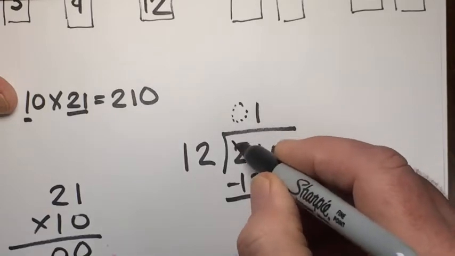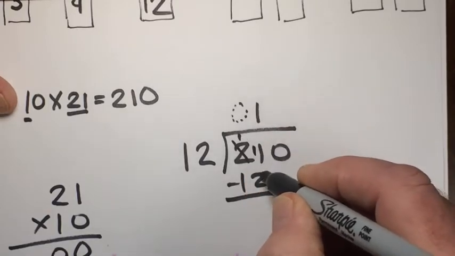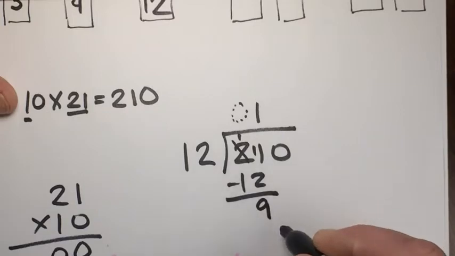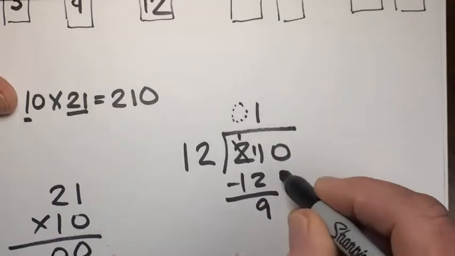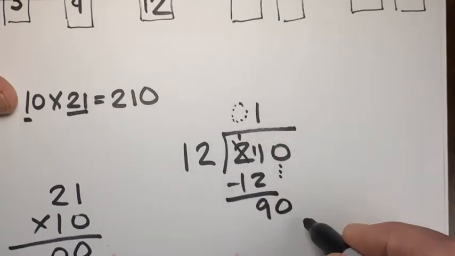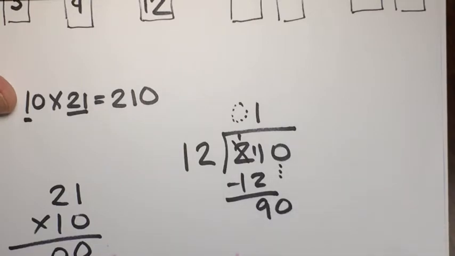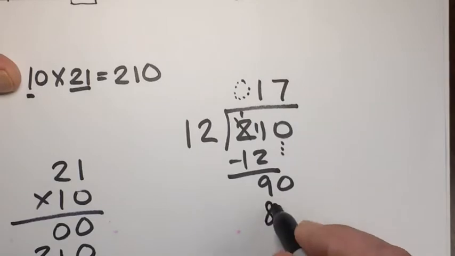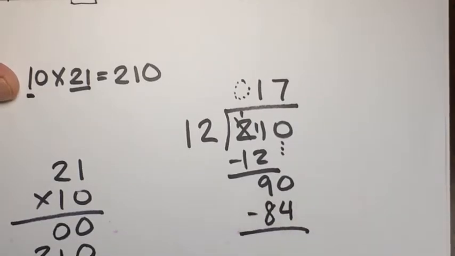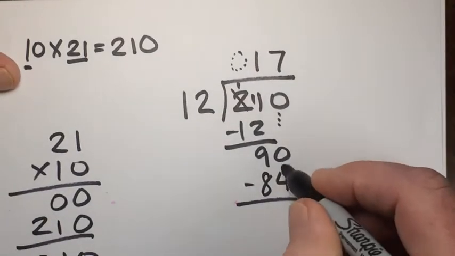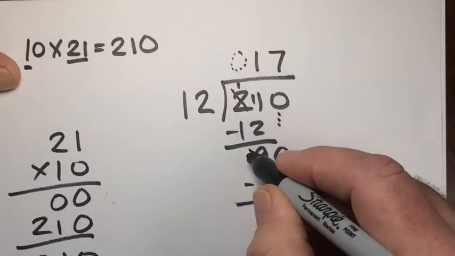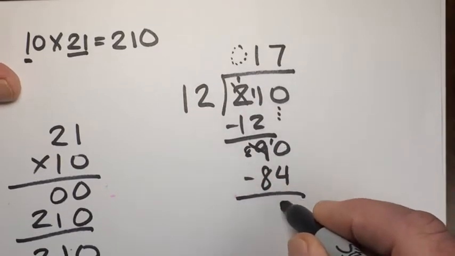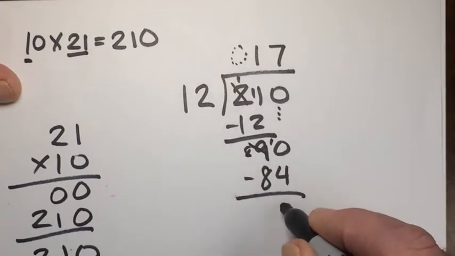I can't do it, so I'll borrow. 11 take away 2 is 9. 1 take away 1 is nothing. I'll drop down the 0 to make it 90. And then 7 times 12 is 84. And we'll do a takeaway. Can't take that, so we borrow. 10 take away 4 is going to be 6.